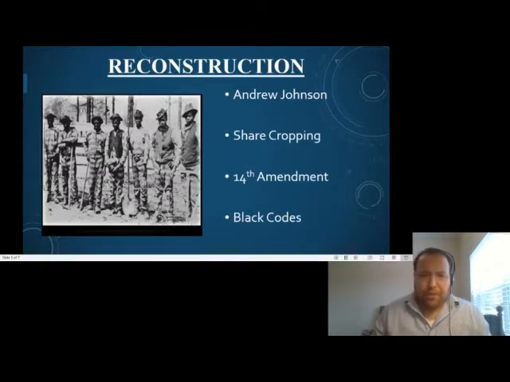So after the assassination of Abraham Lincoln, Andrew Johnson is the next president of the United States following Lincoln. Johnson, to be clear, was a Southerner. However, he was kind of shunned by Southern aristocratic society. As a result, he had a prejudice against the wealthy Southern elite.